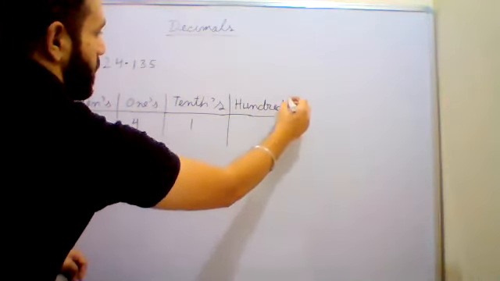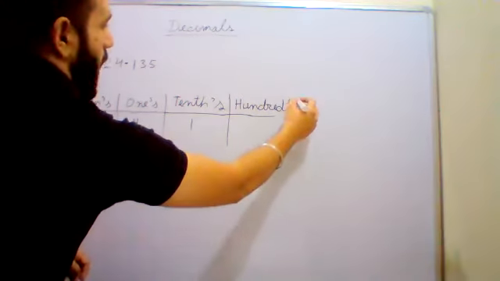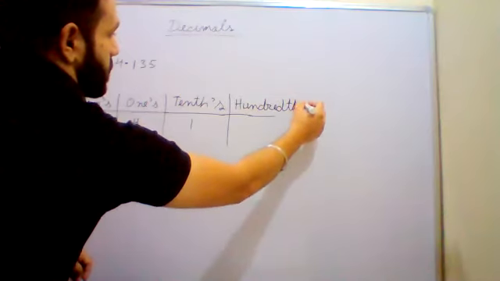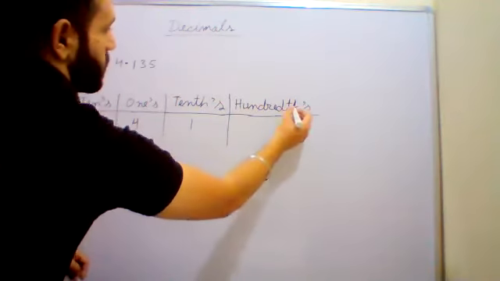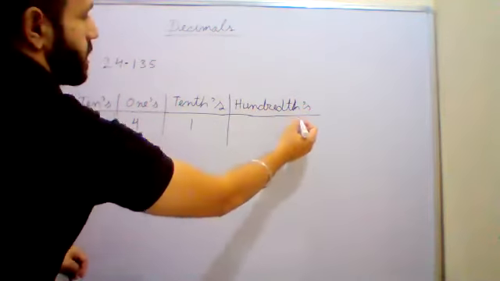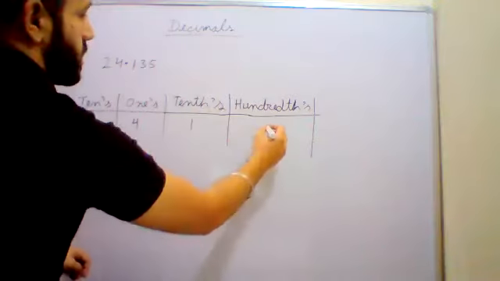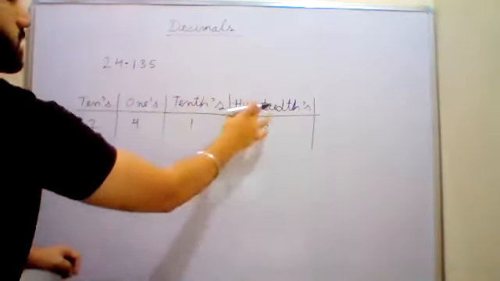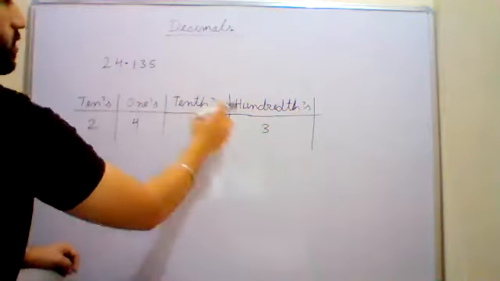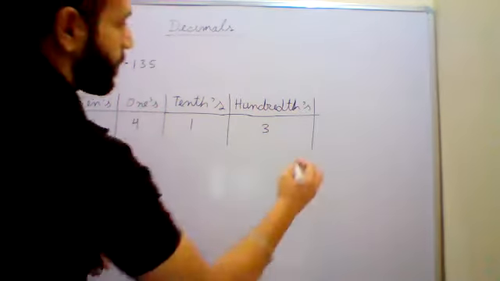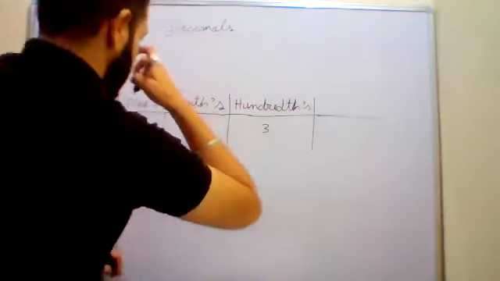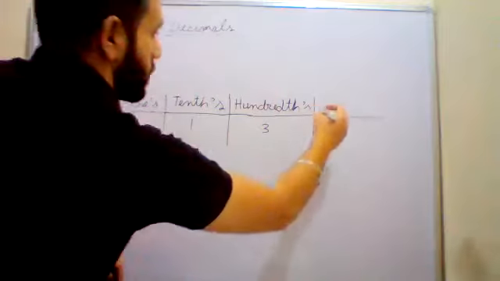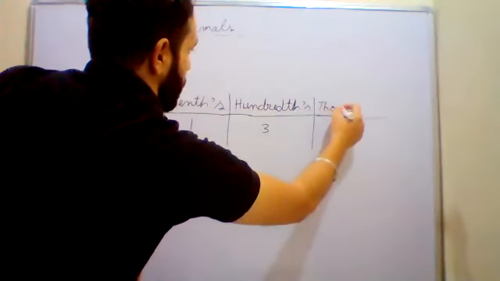Hundred, add TH again. So this is the digit after decimal, tenth place, hundredth place, 1 and 3 respectively. And the last digit is 5. It is known as the digit at the thousandth place.